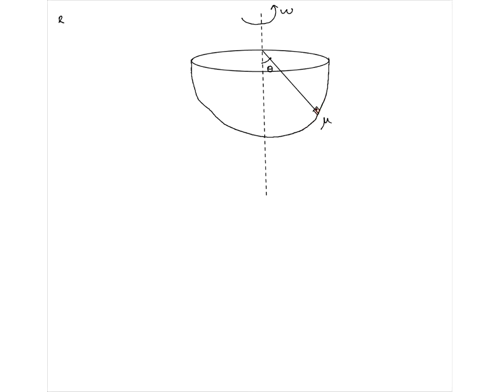We want it to rotate along with the bowl. What should be omega minimum and what should be omega maximum, so that the block remains at the same angle theta?